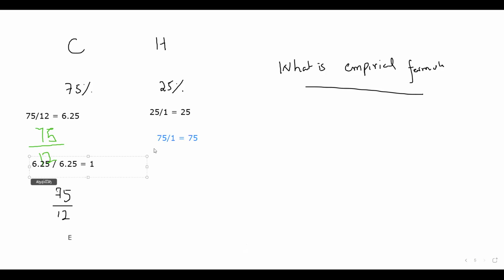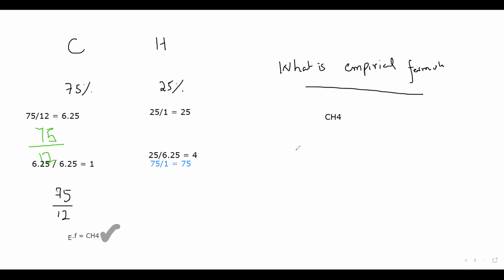So this is 75 divided by 12, 6.25. Yeah, that's correct. The empirical formula is CH4.